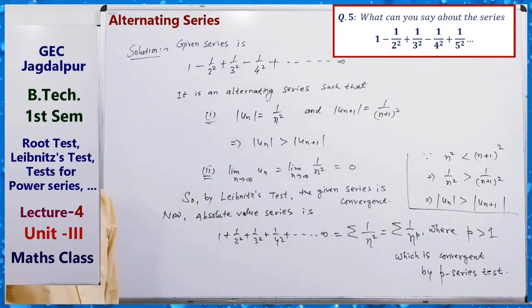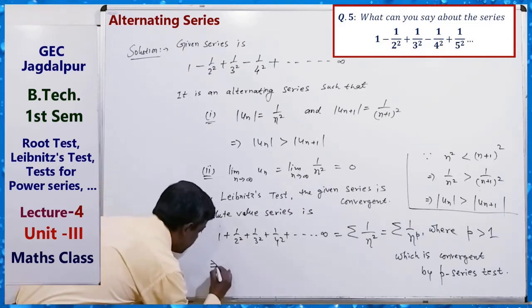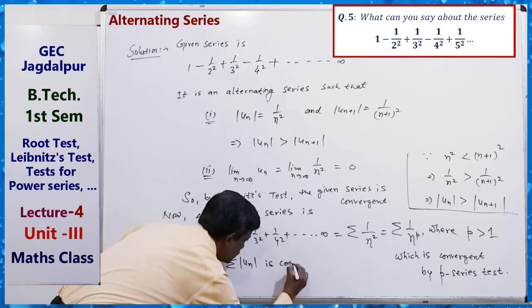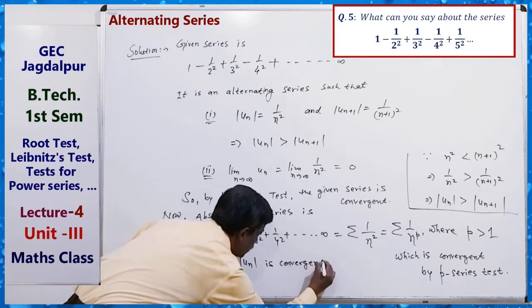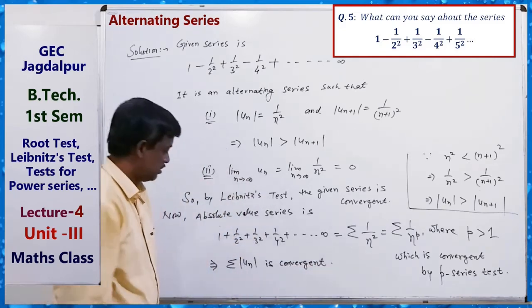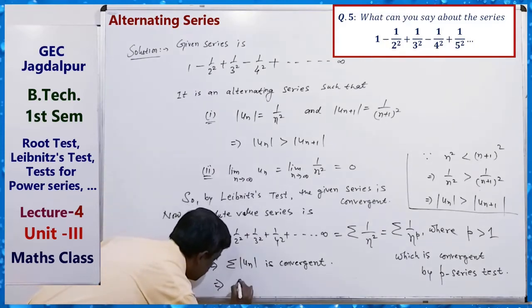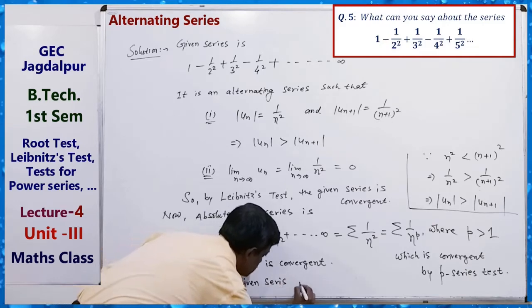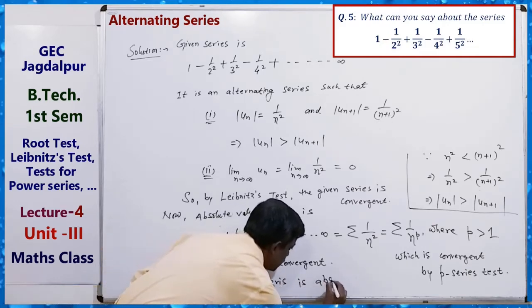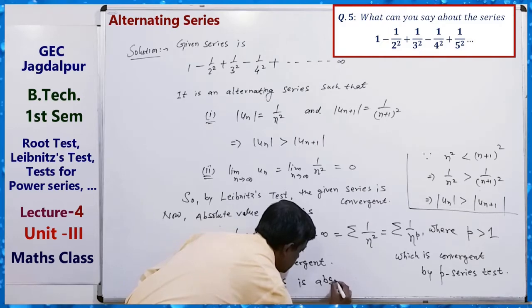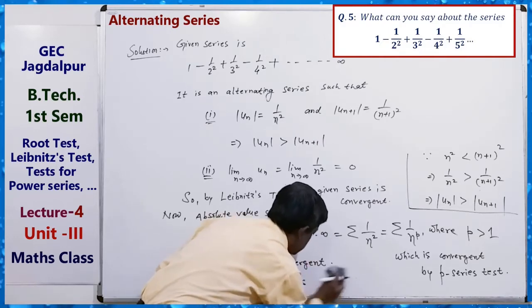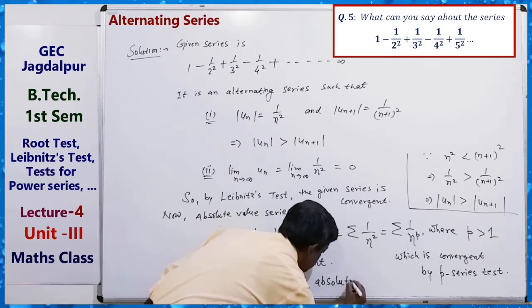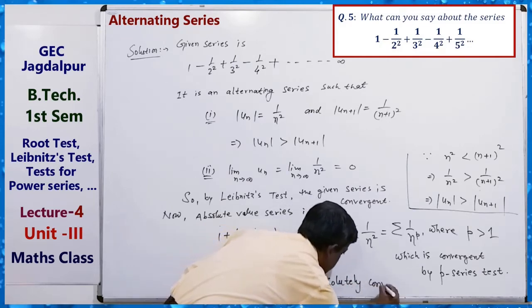The absolute series is convergent. This implies the given series is absolutely convergent.